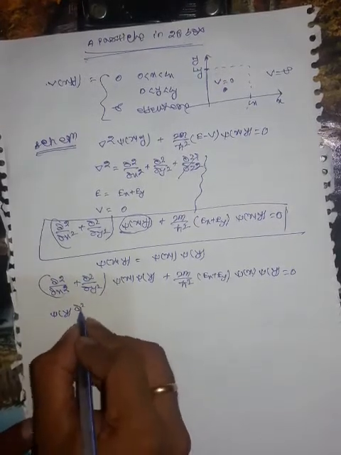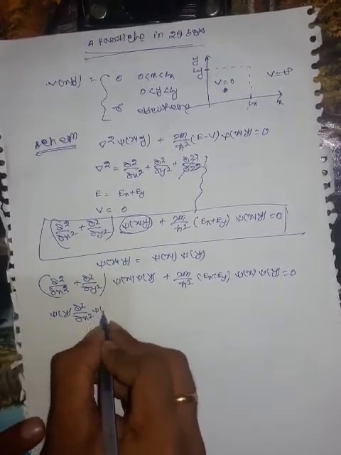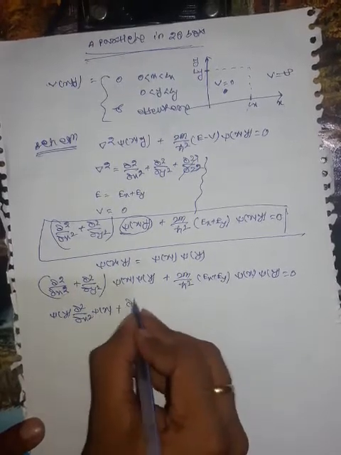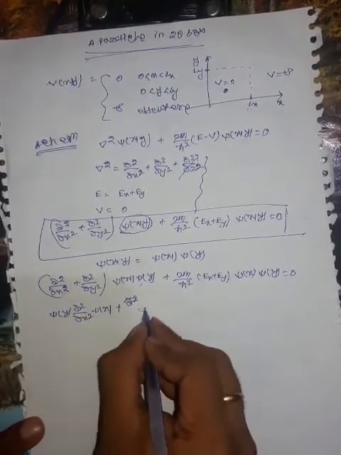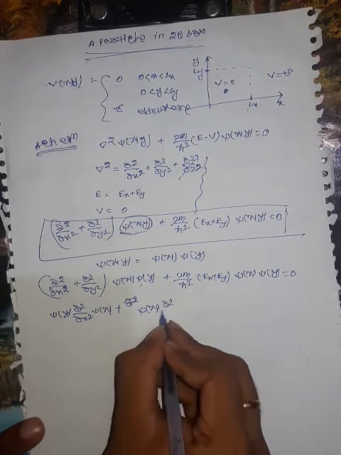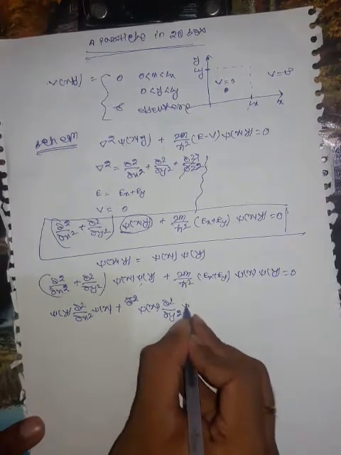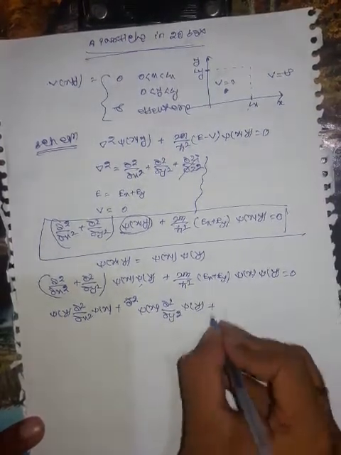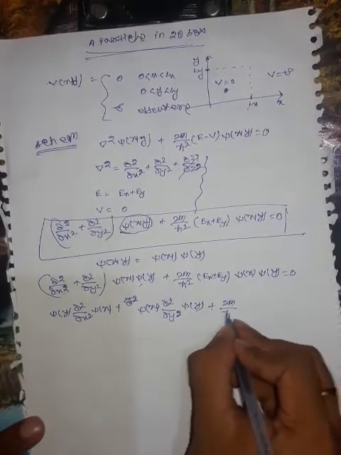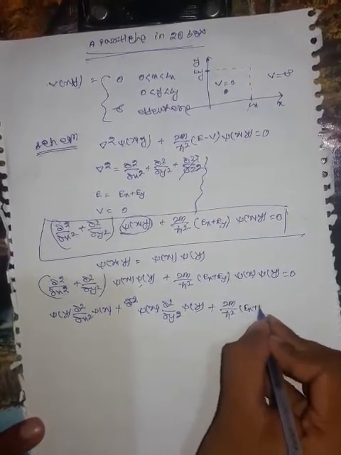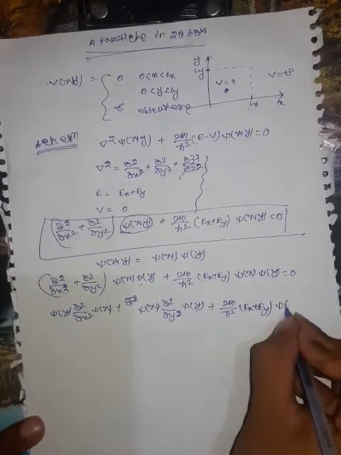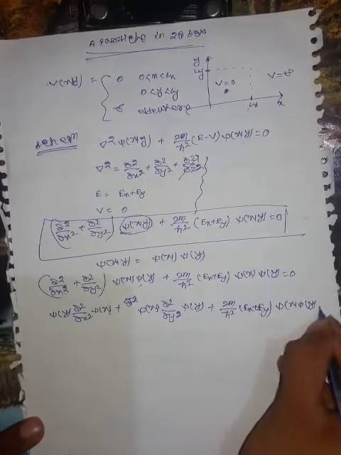So psi of y dou square by dou x square psi of x, plus psi of x dou square by dou y square psi of y, plus 2m by h cross square whole into (Ex plus Ey) psi of x into psi of y is equal to 0.